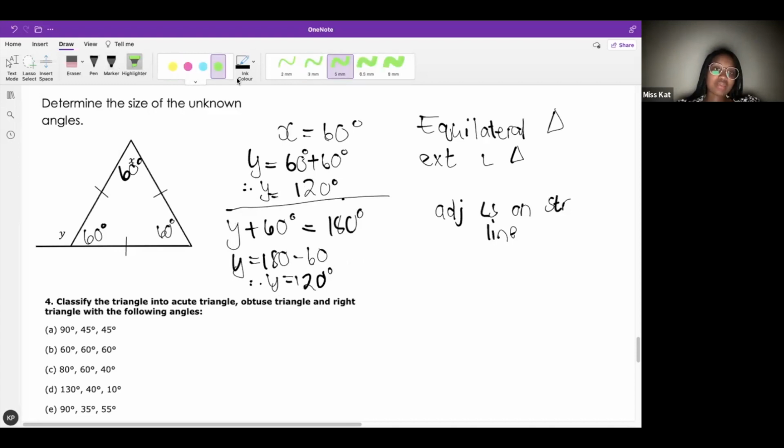Maybe I should highlight them so you know what I used, because everything is everywhere. This 60 over here, I used in this calculation, so adjacent angles on a straight line. And these two opposite 60s, I use them in this calculation over here. That would be exterior angle of a triangle. Nice, guys.